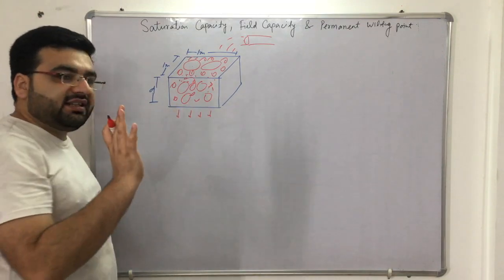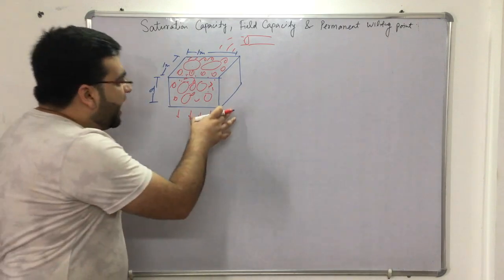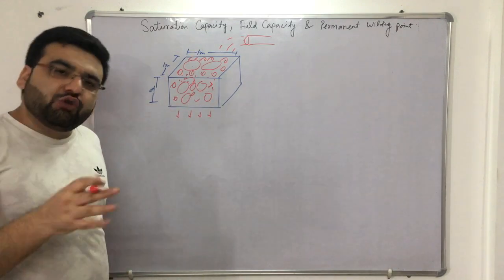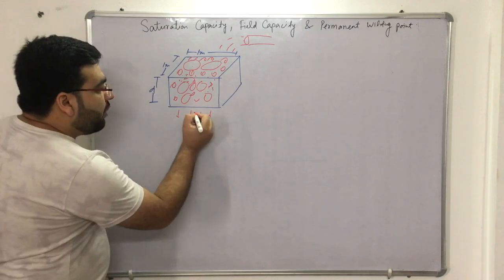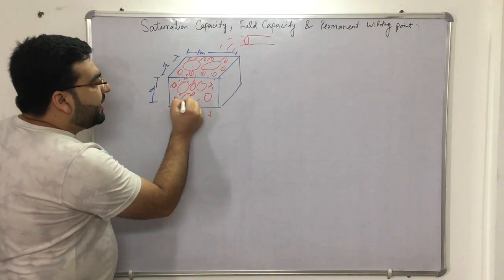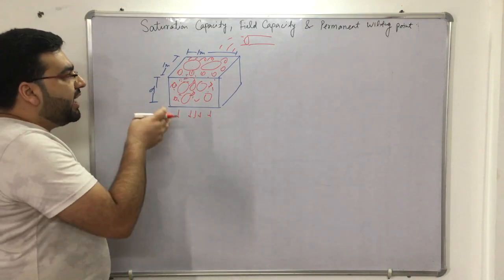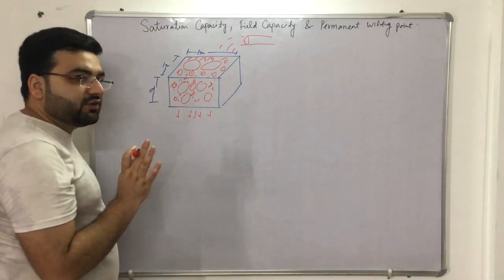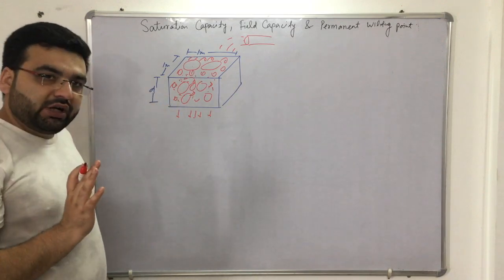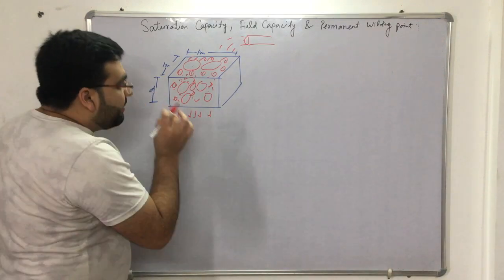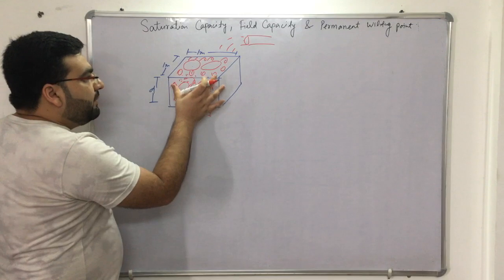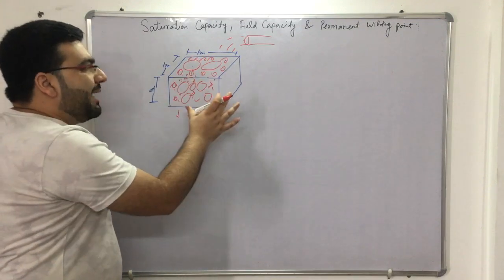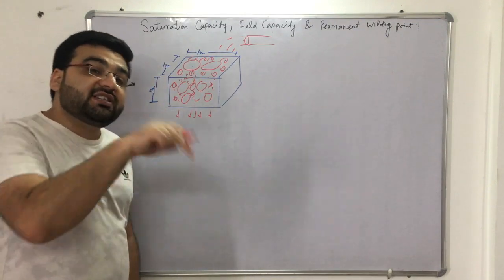This is my common observation, which I even observed as a kid. You must have observed this also, right? Some water will come down, some water will be trapped inside the pores. That is known as the water holding capacity. I'll be coming to that topic also, water holding capacity of soil. Everybody knows that the water held by this soil sample will be inside the pores or inside the voids.